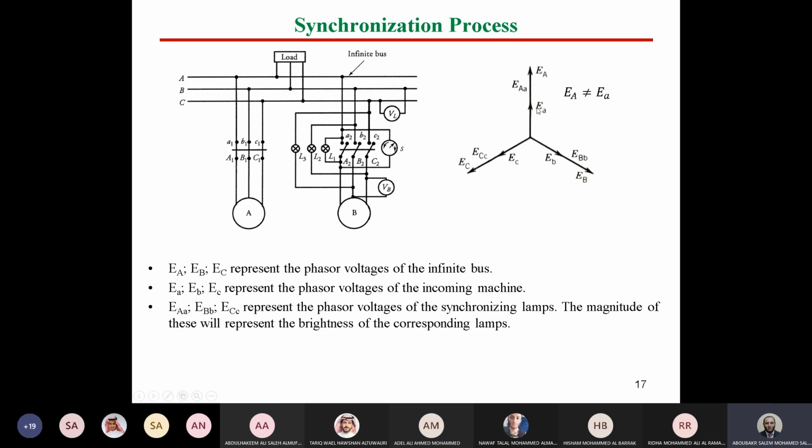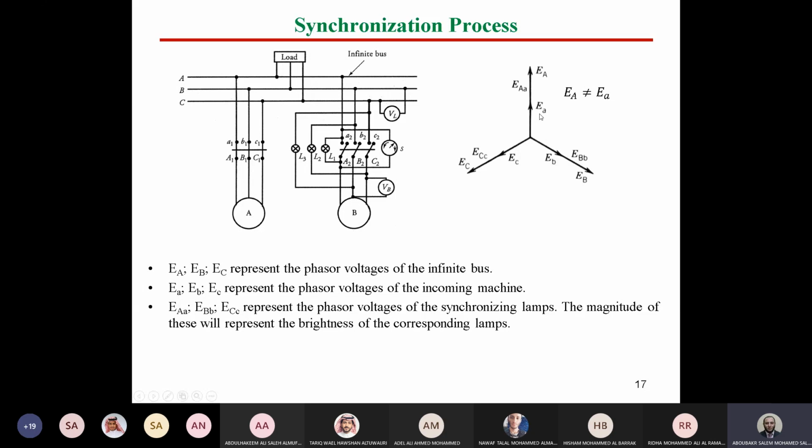As you can see here, we have A capital and A small. For instance, A capital is the generator terminals and A small is the grid terminals.